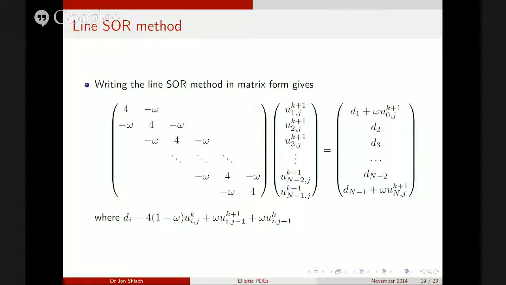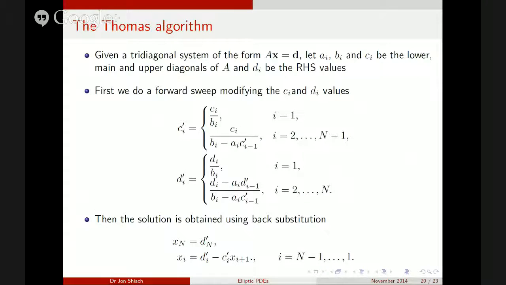Our b elements are going to be all 4s. And our c elements are going to be minus omega all the way down. So that's the first thing we do. We say, okay, let a be lower, b be main, c be upper.